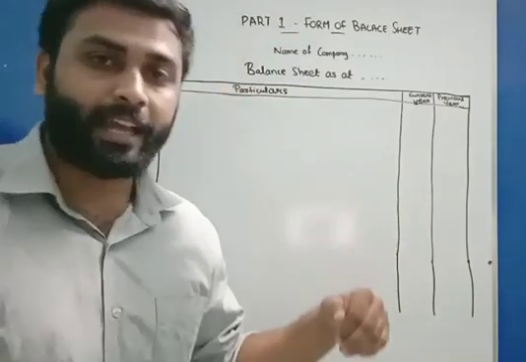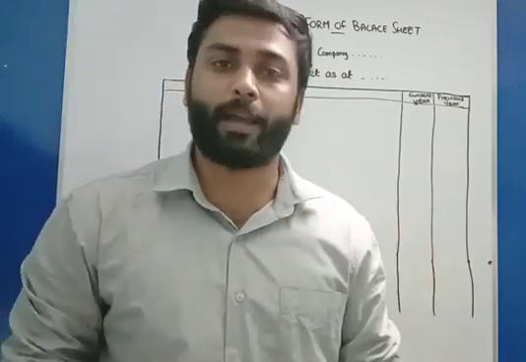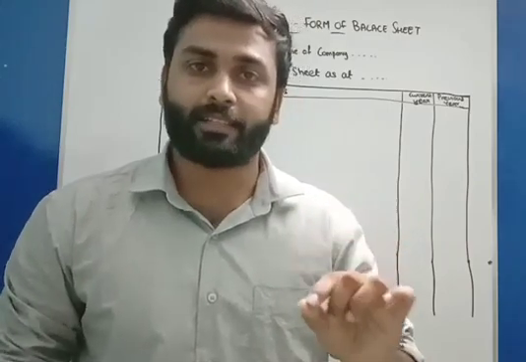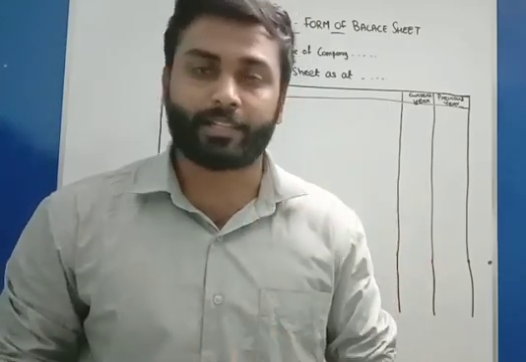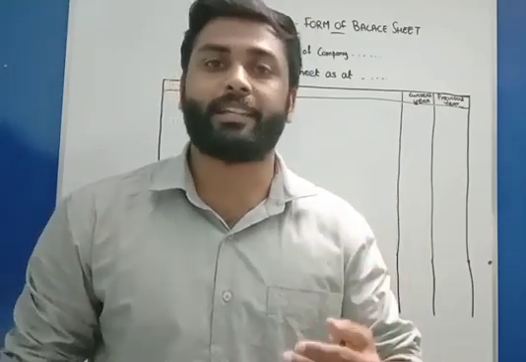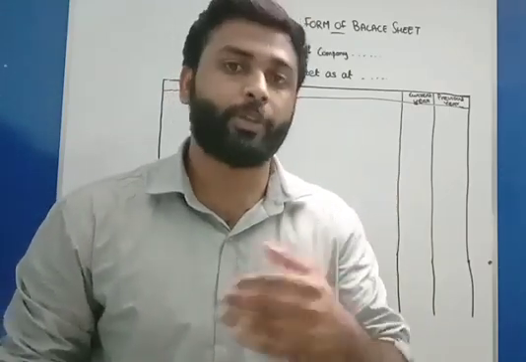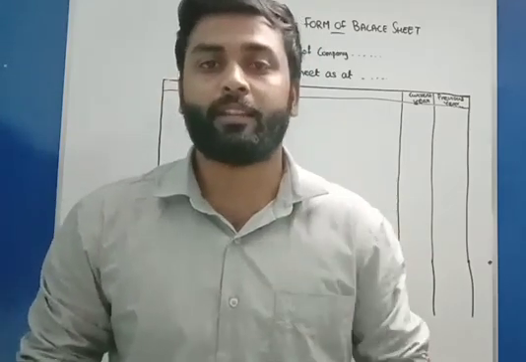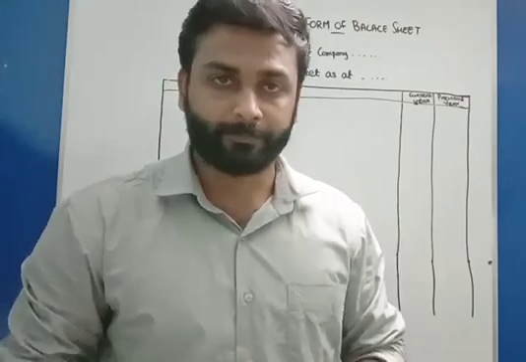Then after that we should write the heading of the balance sheet, that is balance sheet as at 31st March 2019 or as at 31st March 2020. So first the name of company, then the balance sheet heading.